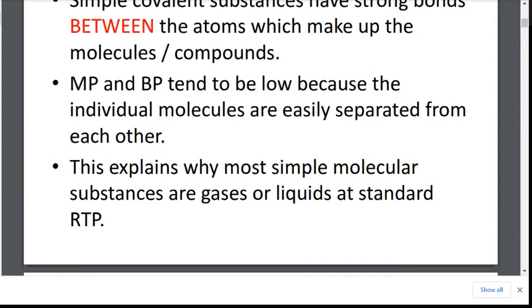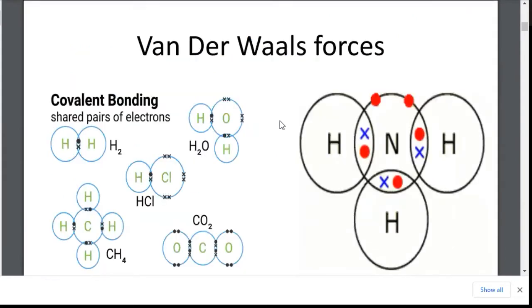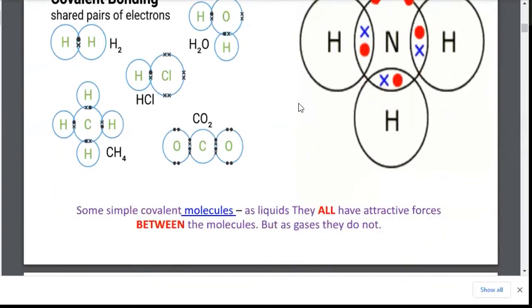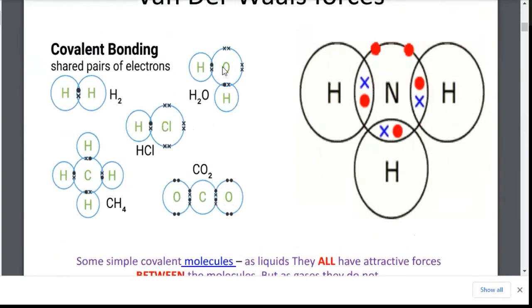Okay, next, these are just some examples of some of the simple covalent substances that we're talking about. If you're doing GCSE chemistry, or you're in any kind of science laboratory, you would have heard of all of these substances before: hydrogen, water, hydrogen chloride, methane, carbon dioxide, and of course on the right here is ammonia on the left. All these dots and crosses represent the chemical bonds.